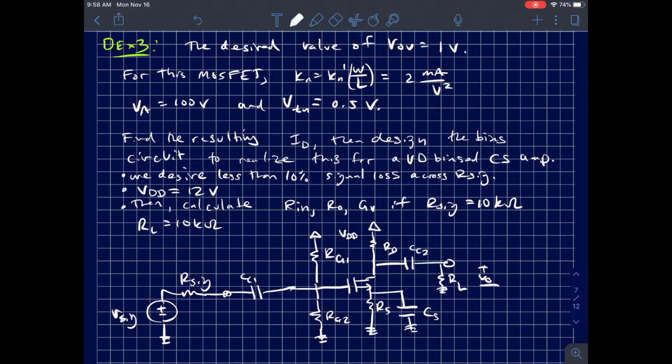I'd like to find the resulting ID and then design the bias circuit to realize this for a voltage divider biased common source amplifier. We desire less than 10% signal loss across R sig. I'll tell you what R sig is in a moment. I've got a DC voltage source of 12 volts, and I want you to calculate the input resistance, output resistance, and overall voltage gain if the signal source has a 10 kiloohm resistance and the load is a 10 kiloohm resistance.